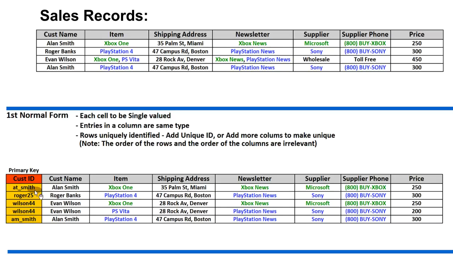This person's name happens to be Alan Thomas Smith, so he created a user ID AT Smith. Roger Banks has Roger 25, Evan Wilson is Wilson 44, and this person's name happens to be Alan Michael Smith, so his user ID is AM Smith. So now we know for sure that these two people have nothing to do with each other, and now we can uniquely identify each of these customers.